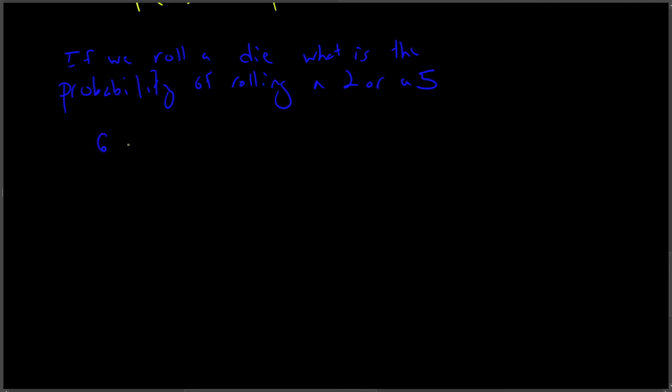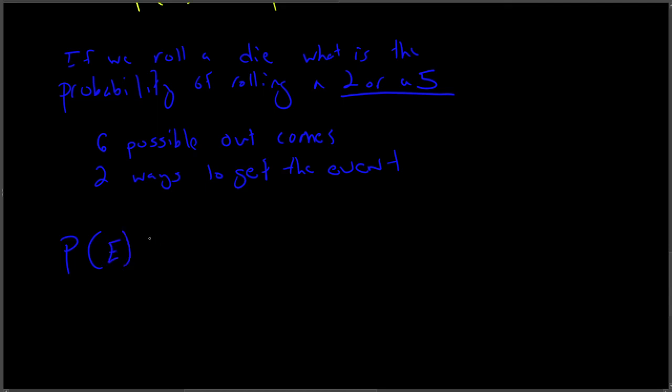So there are 6 possible outcomes. But our event, 2 or 5, has 2 ways it can occur. We can either roll the 2 or we can roll the 5. So 2 ways to get the event. So our probability of that event is 2 over 6, or 1/3.